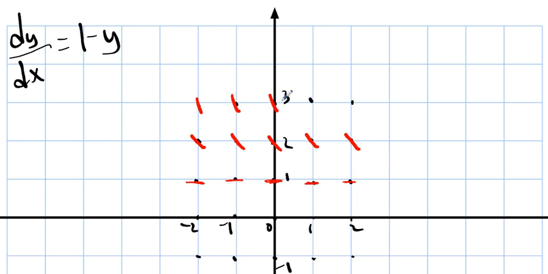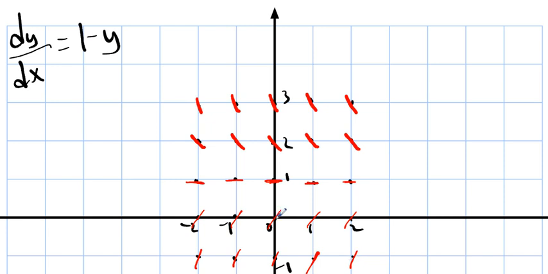And these slopes are 1 minus 3. That's -2. What happens here when y is 0? When y is 0, the derivative is 1. And then down here, the derivative is 2. Each time, the slope of the tangent line is 1 minus the y value.